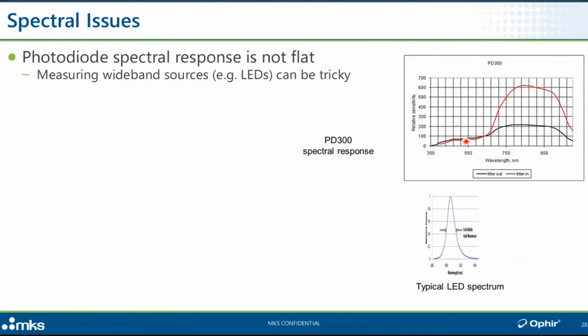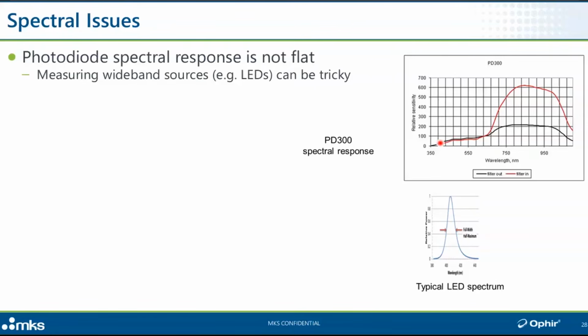Each wavelength gets its own calibration factor stored on board the detector, and the meter reads that at the same time as it receives the analog signal and combines everything and gives a readout of the power. But if the light actually contains a whole bunch of different wavelengths, each wavelength should have received a different calibration factor. So I'm introducing an error to a certain extent by having a wider spectrum as opposed to the nice narrow spectrum of a laser or a laser diode.